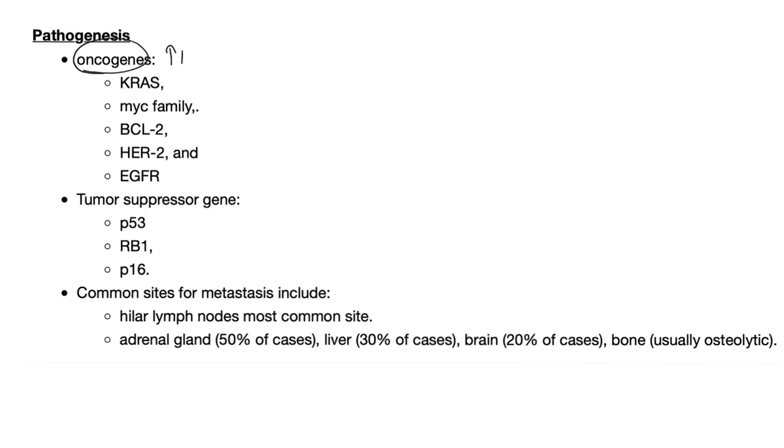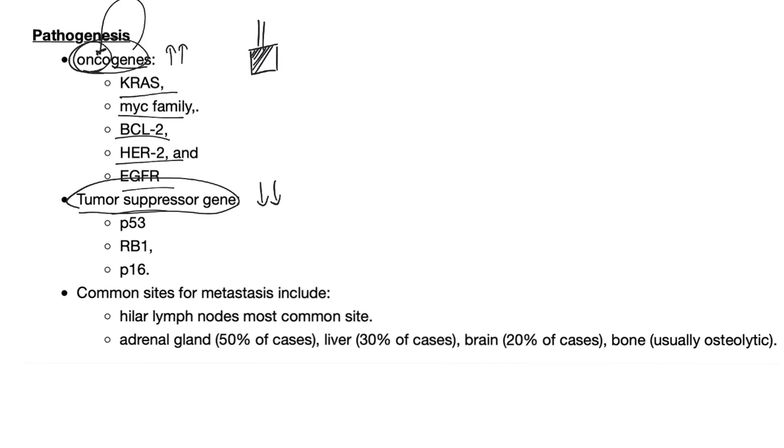Pathogenesis, gain of function, such as oncogene, loss of function of the tumor suppressor gene. Oncogene, genesis of oncology, they cause cancer, such as all of these are involved in lung cancer. Tumor suppressor gene are the opposite. If oncogenes are the accelerator in your car, they accelerate the formation of cancer.